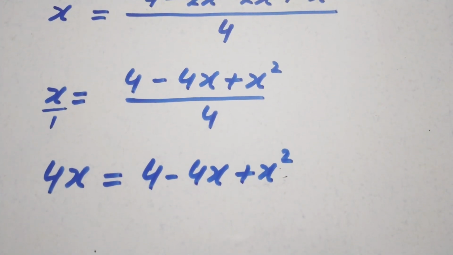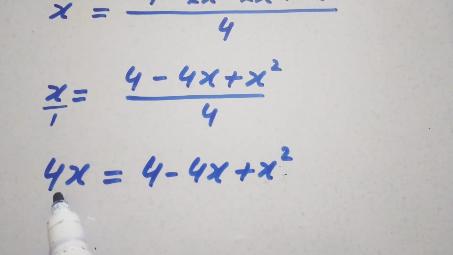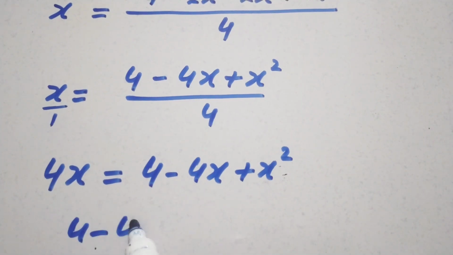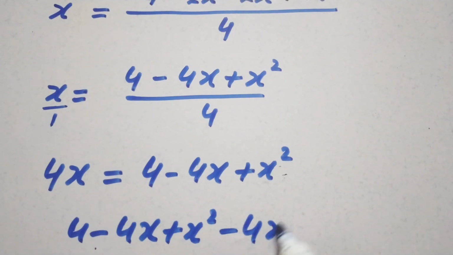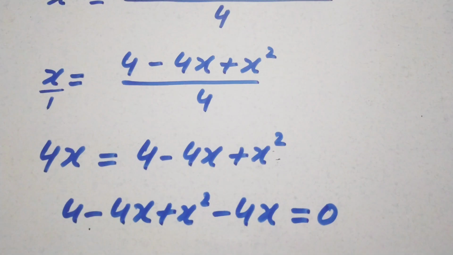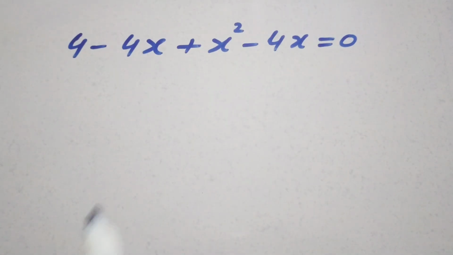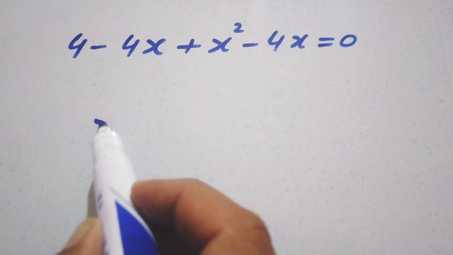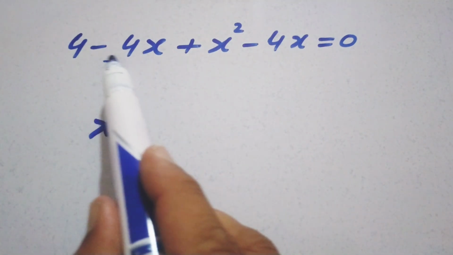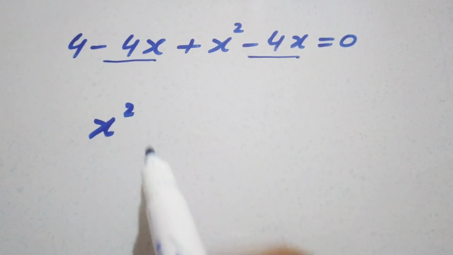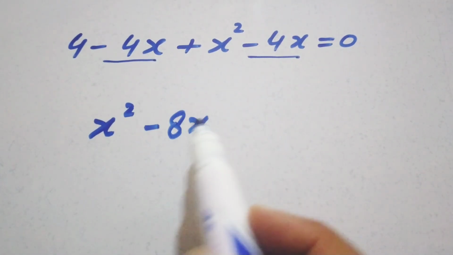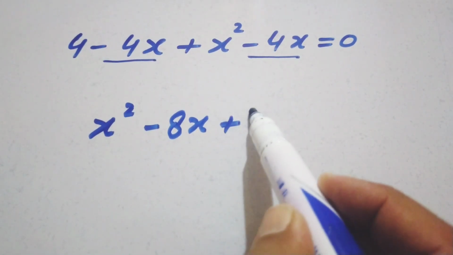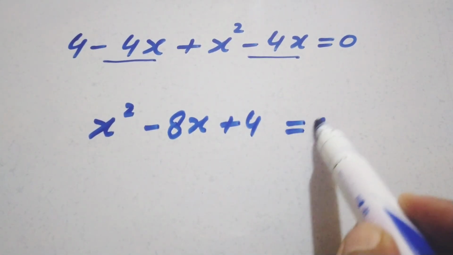Now moving all the terms from left hand side to right hand side, this will become 4 minus 4x plus x squared minus 4x is equal to 0. Now rearranging all these terms, x squared minus 4x and minus 4x, we get minus 8x plus 4, and this whole thing is equal to 0.